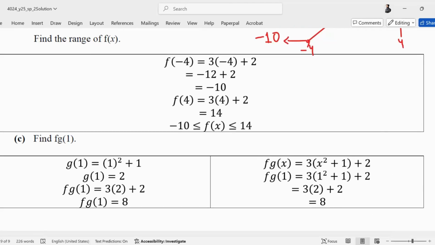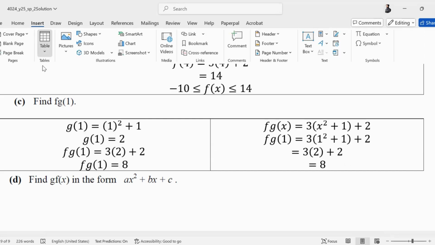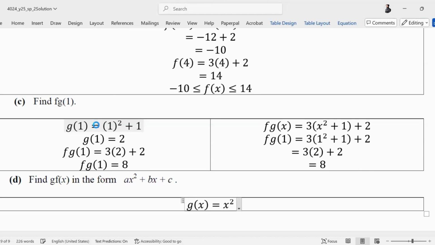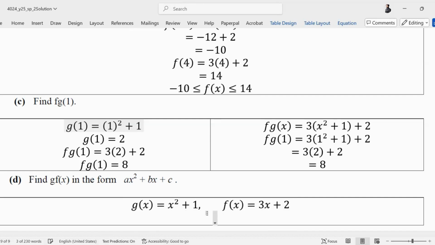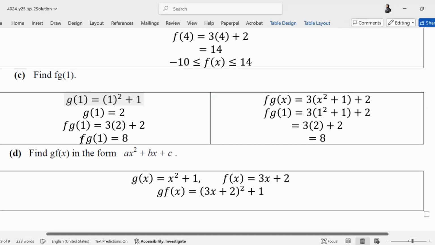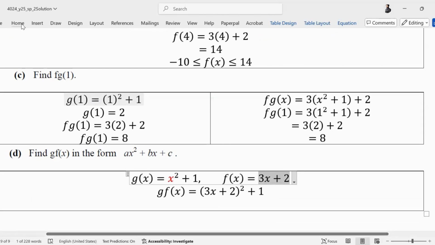Now the second last part of this one, part B. Again, now it wants us to form g of f of x. So I need to plug in, g of x was x squared plus 1 and f of x was 3x plus 2. So I need to plug in the entire f of x in g: 3x plus 2, squared, plus 1. In place of this x, I need to plug in the entire function f of x.